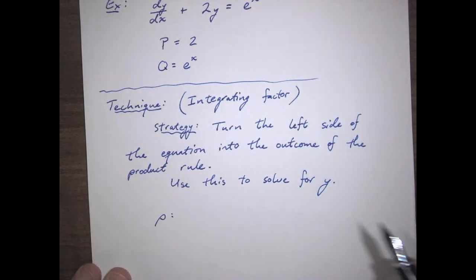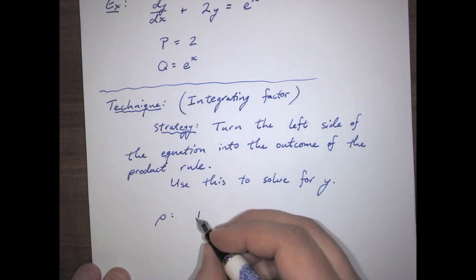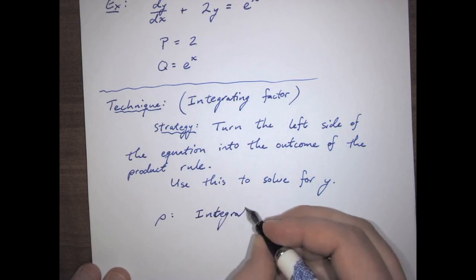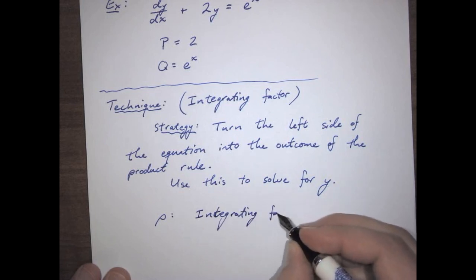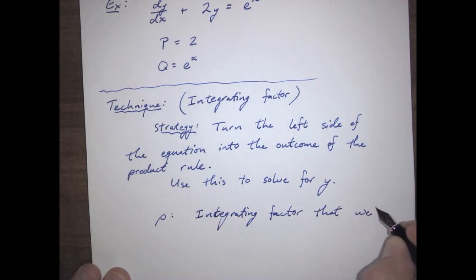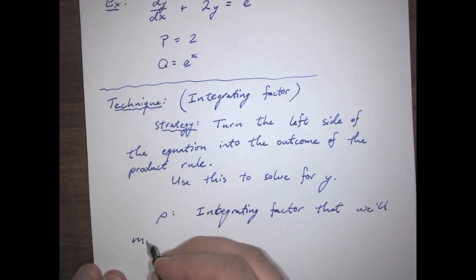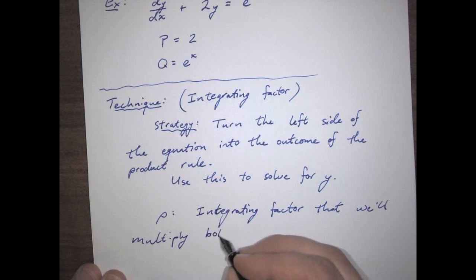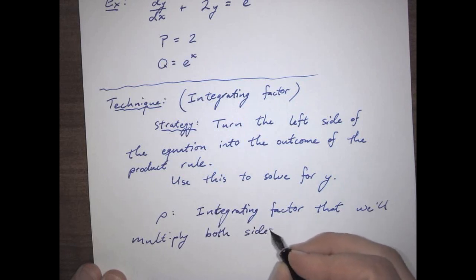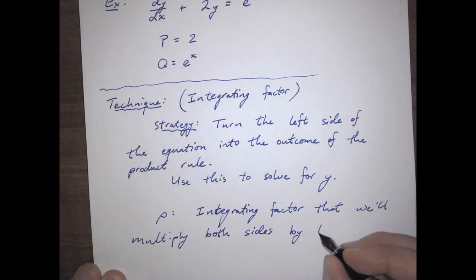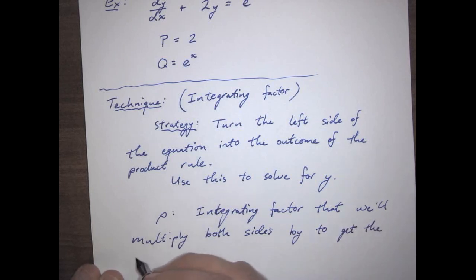So the rho here is going to be the integrating factor that we will multiply both sides by to get the product rule.